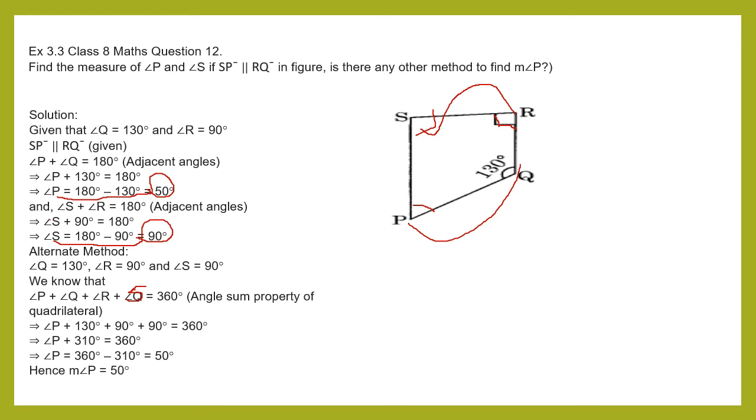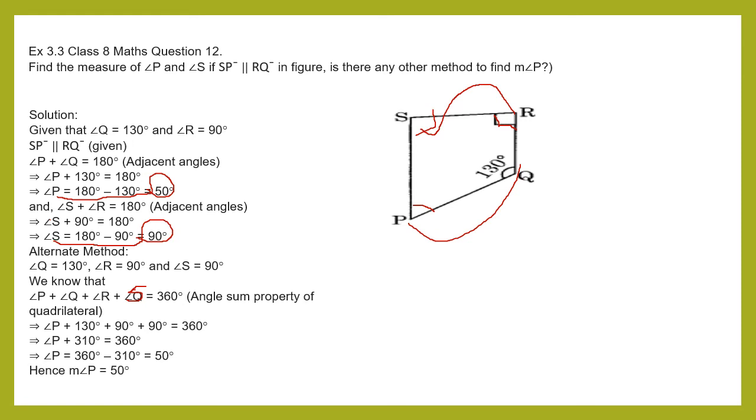Angle P plus, see, if we add these three, 90 plus 90 is 180, and 180 plus 130 means 310. Angle P plus 310 degrees equals 360 degrees. Angle P equals 360 degrees, and if we transfer the plus 310 to this side, it becomes minus 310 degrees. 360 minus 310 means we will get 50 degrees.